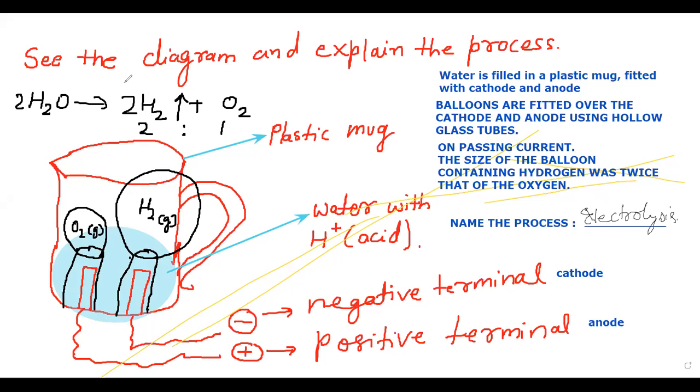As much hydrogen will be produced, that will be twice that of oxygen. इसलिए हाइड्रोजन वाली जो बैलून होगी उसका साइज ऑक्सीजन वाले बैलून से ट्वाइस होगी, डबल होगी, है ना? So this was electrolysis of water. Please repeat again. Okay, I am repeating it once again.